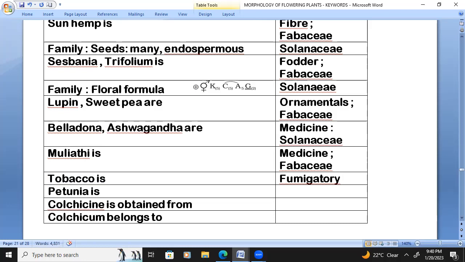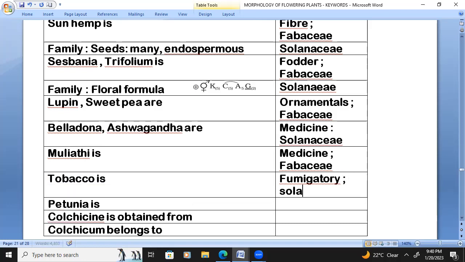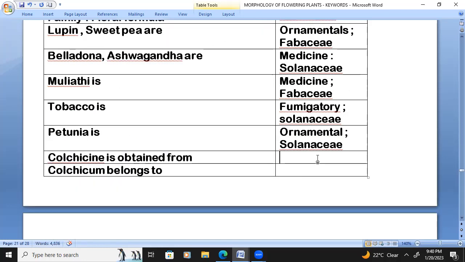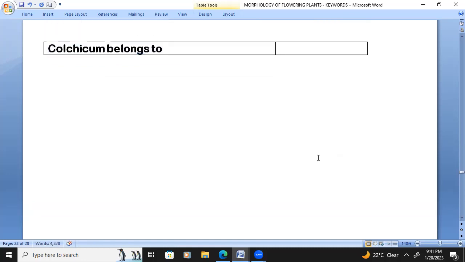Tobacco is fumigatory, belongs to Solanaceae. Petunia is ornamental and belongs to Solanaceae. Colchicine is obtained from Colchicum autumnale. Colchicum belongs to Liliaceae.